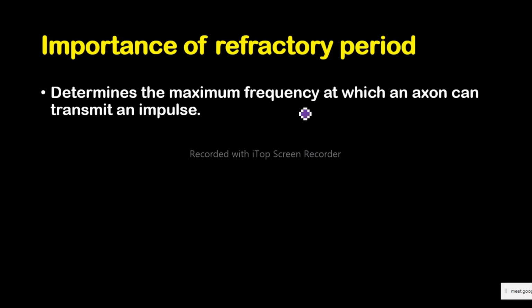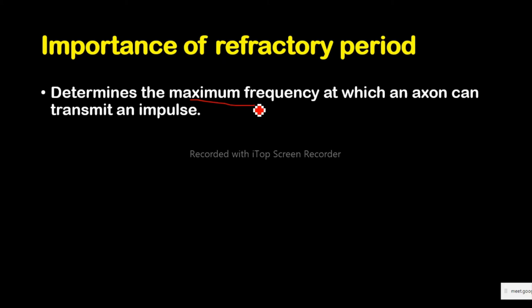it determines the maximum frequency at which an axon can transmit an impulse. Because you cannot keep on transmitting an impulse at a high speed, like continuous stimulation. Okay, it can end up damaging the brain cells, which leads to trauma.